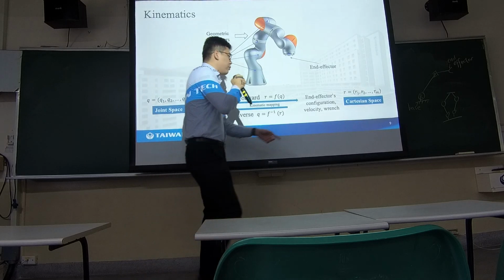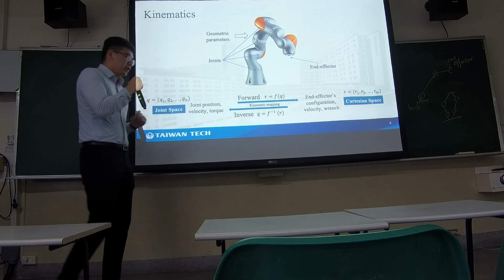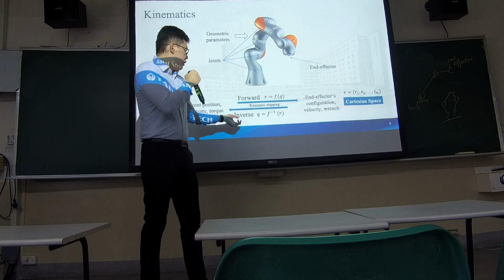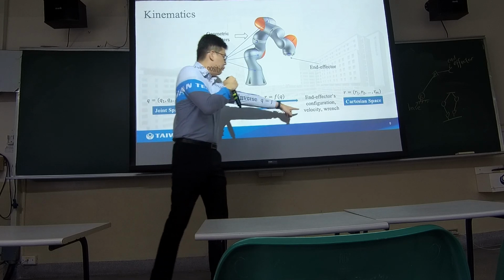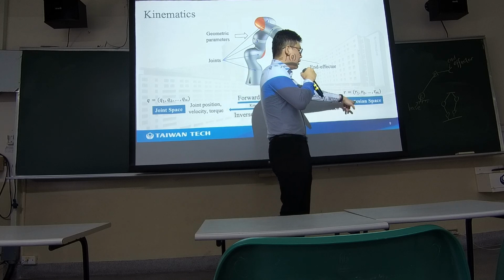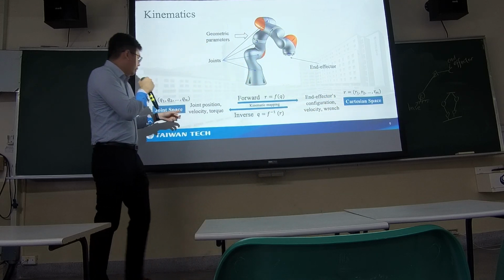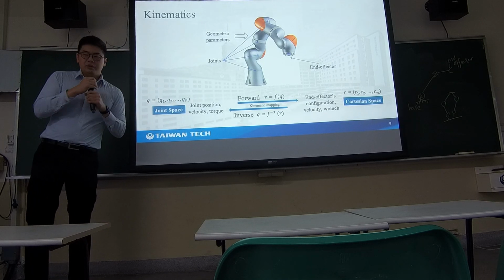This can be expressed in R, which includes the position and the orientation. And in the reverse direction, we have inverse kinematics: from the pose configuration, we can calculate back to the joint angles.